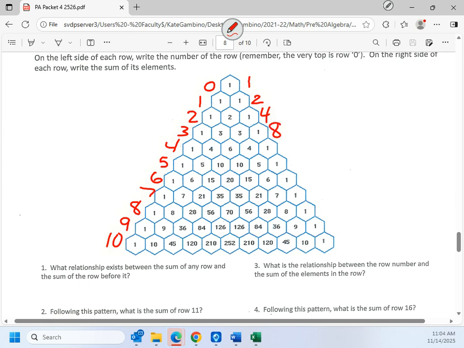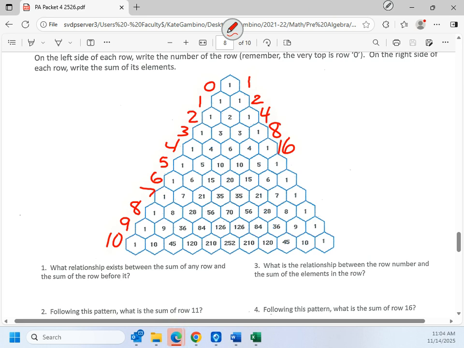And here we have 10, 14, 15. Oops, I counted wrong. 10, 14, 15, 16. Sorry. You're going to continue adding and putting those sums on the right side. Then we're going to use that information to answer our questions.